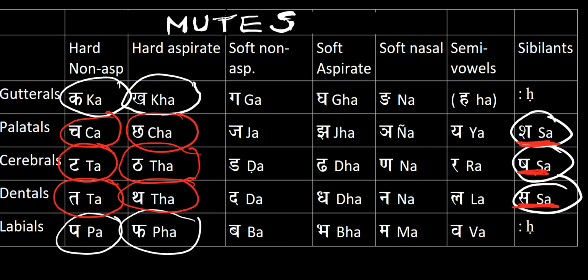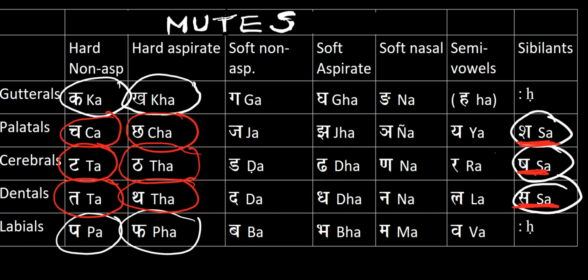Okay, when a visarga is followed by any hard consonant, it turns into the respective sibilant of that category. So the sibilant for the palatals is sha. The sibilant for the cerebrals is sha.